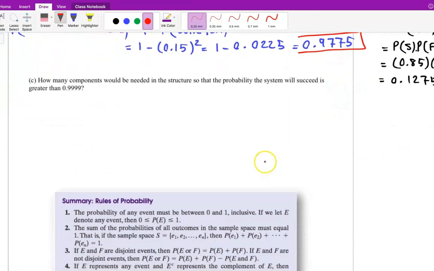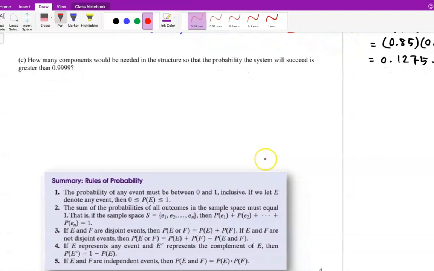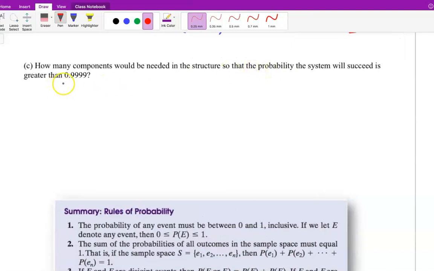Now part C, how many components would be needed in the structure so that the probability that the system will succeed is greater than 0.9999. So on this part we should guess and check how many components we should have.